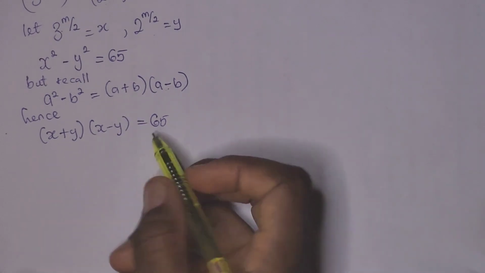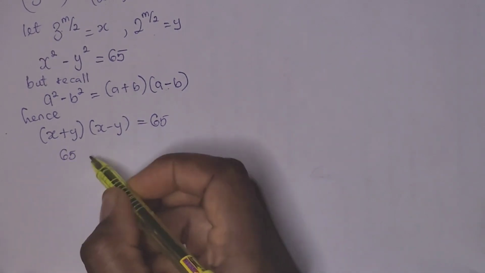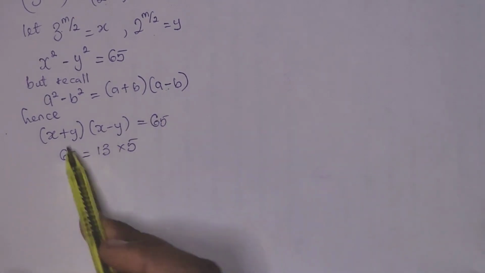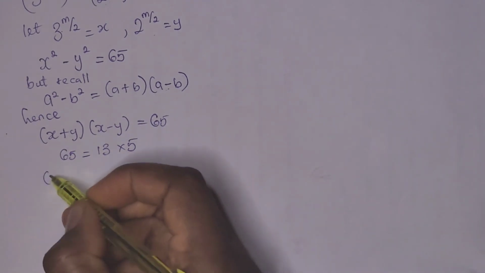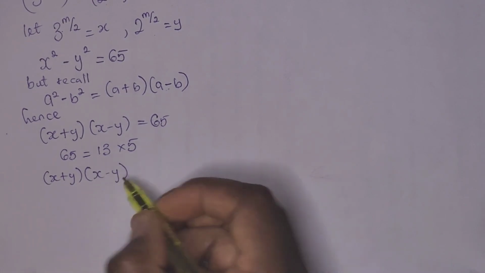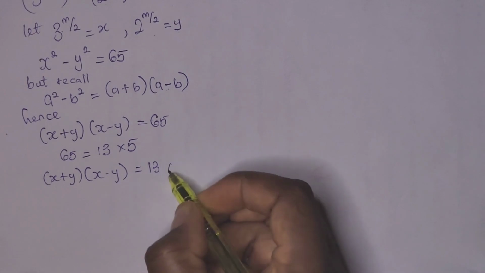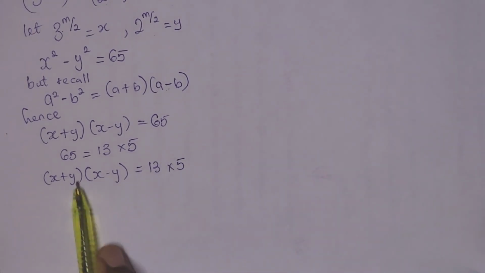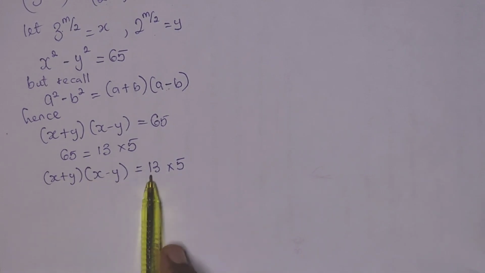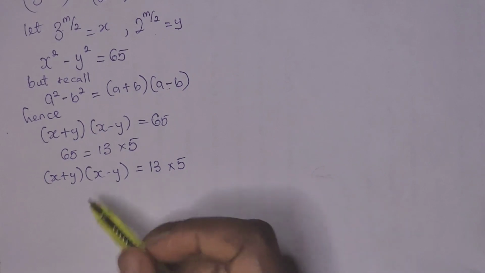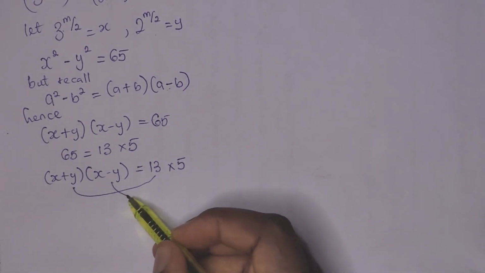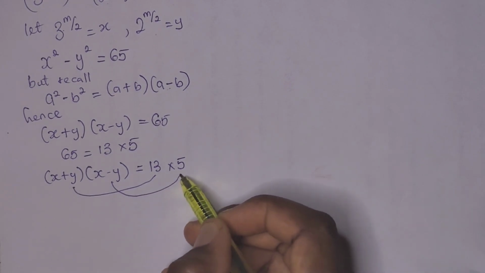But we can actually split this 65 into 2. So 65 can as well be written as 13 times 5. So this equation would then become x plus y times x minus y equal to 13 times 5. From here we can form two different equations, this one multiplying this one, and the second variable multiplying this.